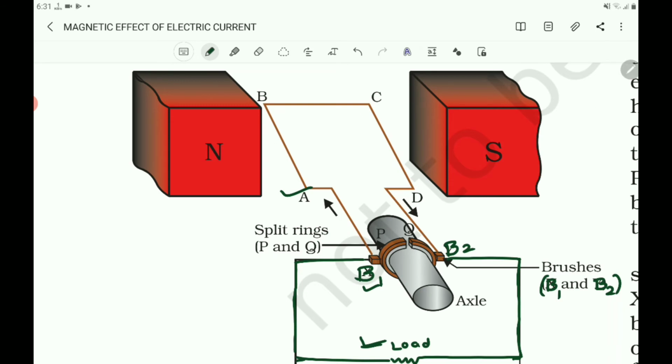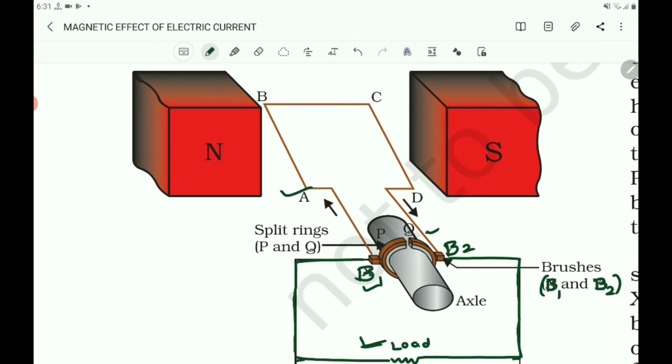Suppose the plane of the coil is horizontal. The split ring P touches the brush B1 and the split ring Q touches B2. When the coil ABCD is rotated clockwise, the magnetic field lines passing through it change.